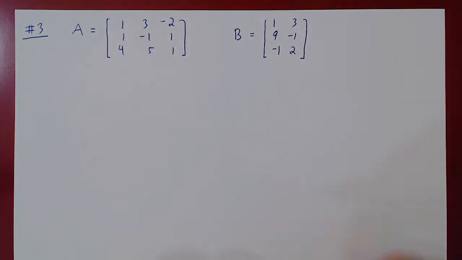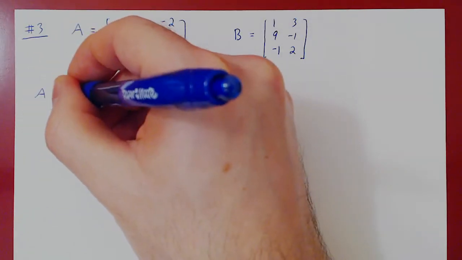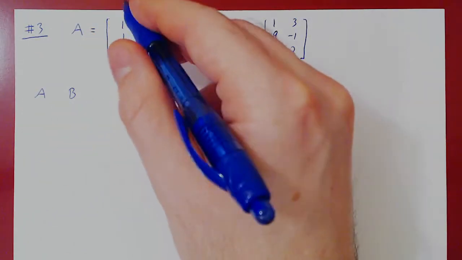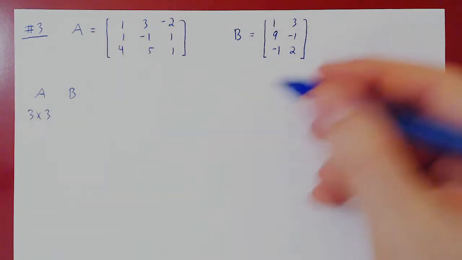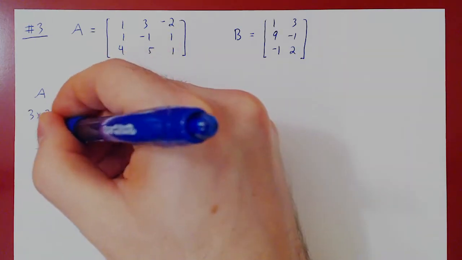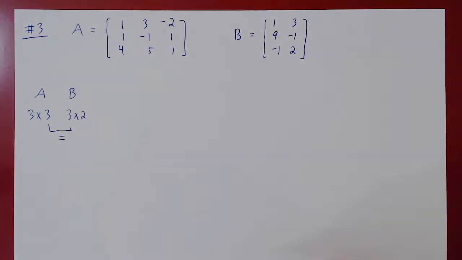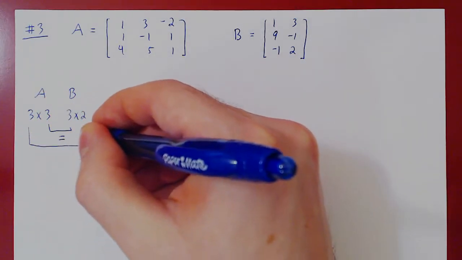Let's look at A times B. Can we compute A times B? Well, A, as we've said, is a 3 by 3 matrix. B is a 3 by 2 matrix. 3 equals 3, so we can multiply A times B, and the new matrix will be a 3 by 2 matrix.